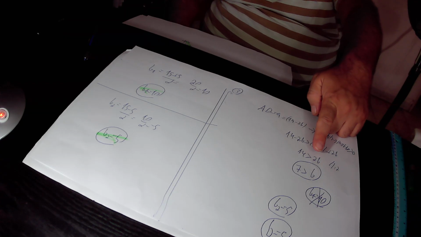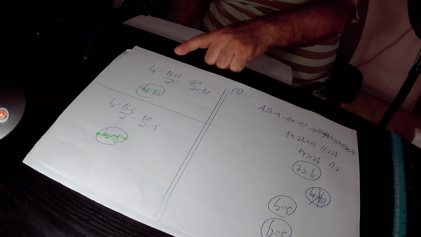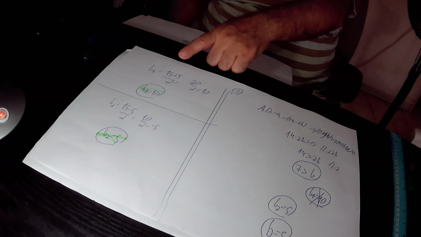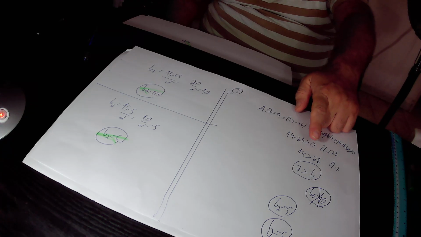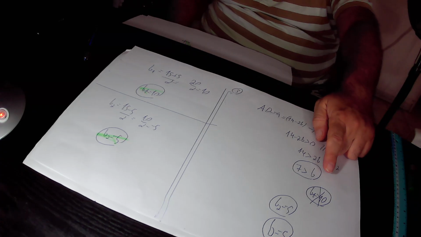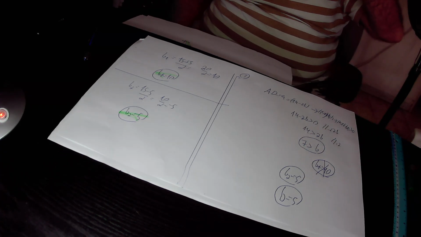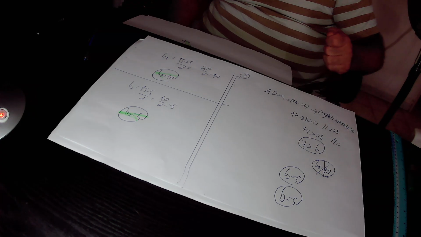So b must be less than 7. But according to the first solution, b equals 10, that is greater than 7. But b must be less than 7. Therefore, this solution is incorrect, so we cancel it, and we're left only with the second solution that is possible for b, that is b equals 5.